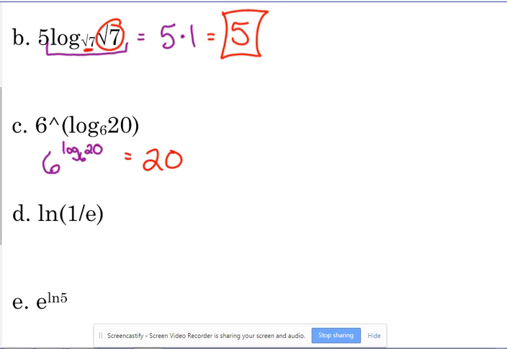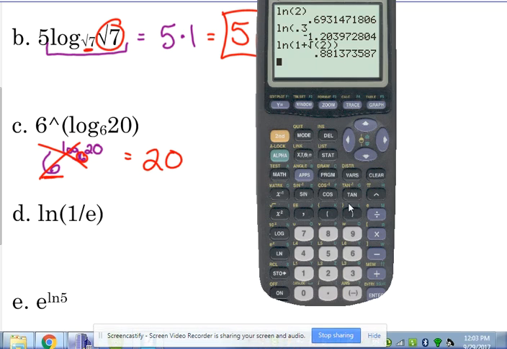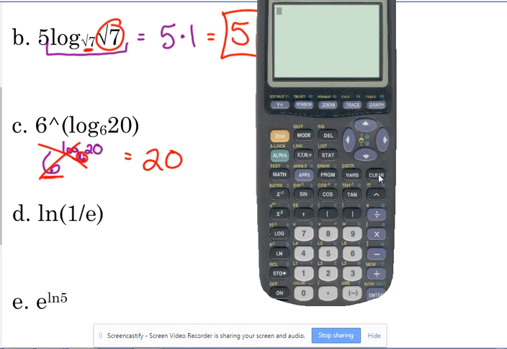It's kind of like if the base of your log and the base right here are the same, they cancel each other out. Okay, so I was trying to do it without the calculator, but let's look at this.